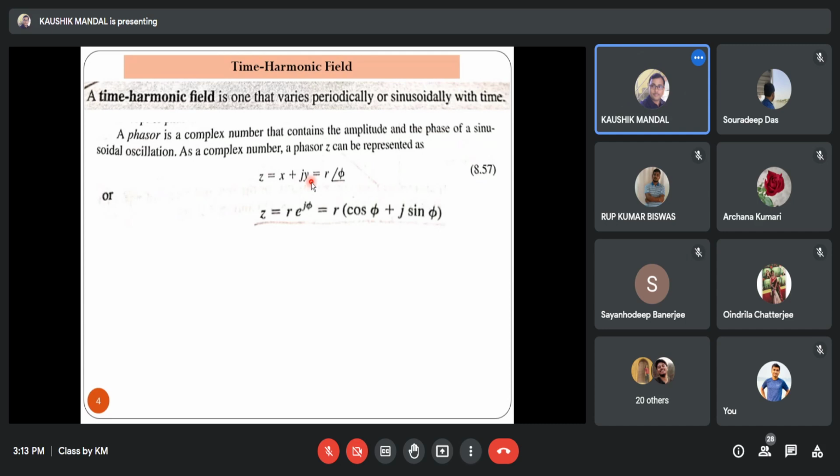So this phasor or complex number z can be represented by z equal to x plus jy, that is equal to r of angle phi. In other words, z equal to r e to the power j phi, that is equal to r of cos phi plus j sin phi. I think these things are known to you from the mathematical background.